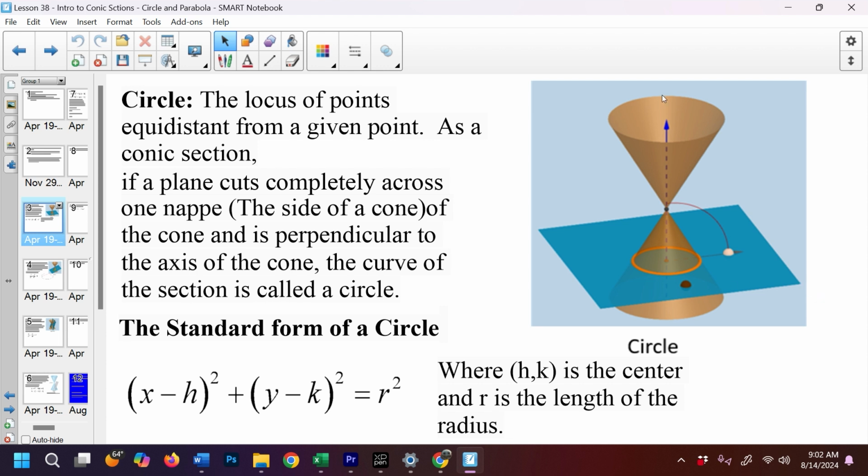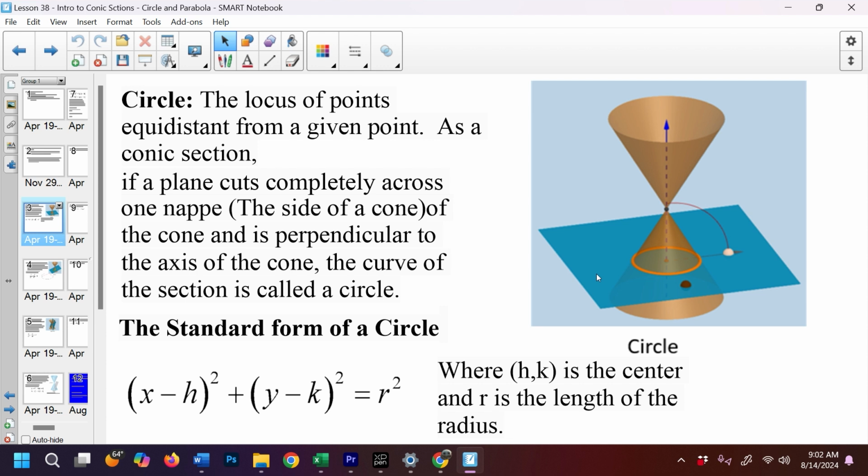So if I have this axis of the cone that goes down the middle of both cones, and I take a plane and make it perpendicular to that axis, and I slice all the way through, that's why it's a section, it's a slice. And if it's perpendicular to that center line, then the resulting intersection between the cone and the plane will be a circle.